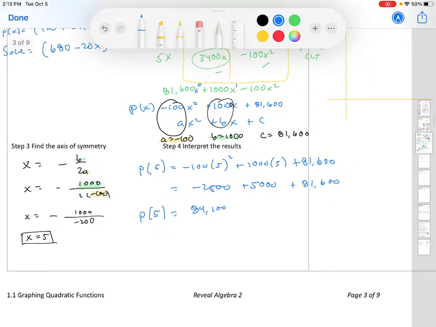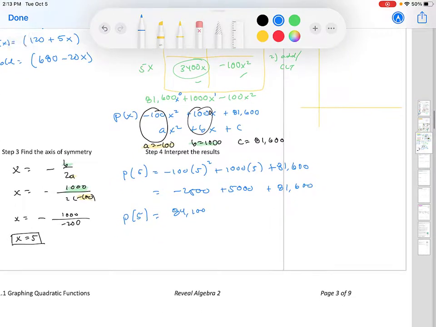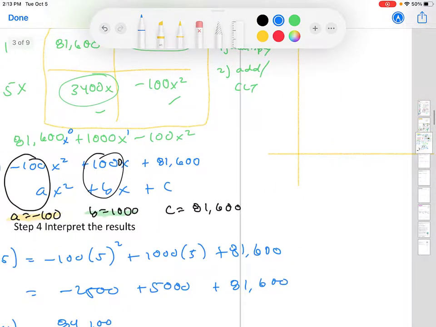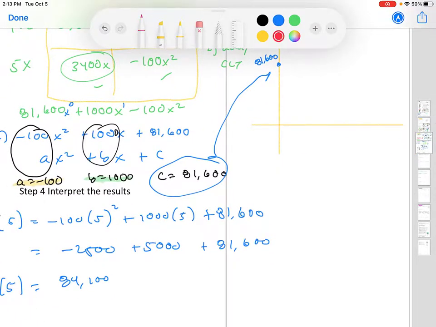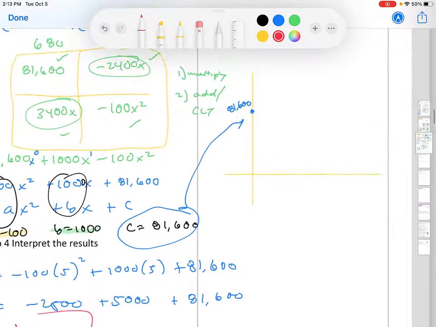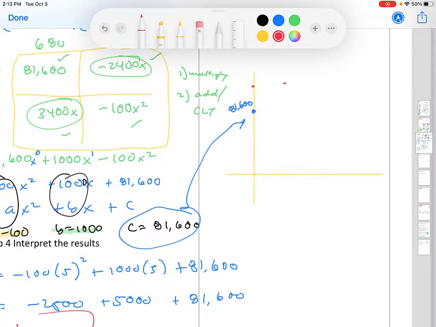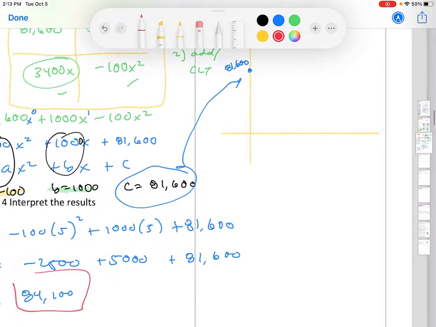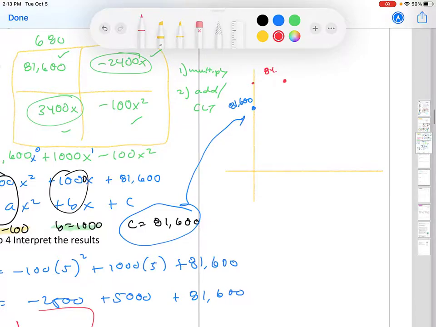You don't necessarily need that number, so let's just give ourselves an idea. This is my y-intercept, which is your c value. The vertex, which was higher than that, at 84,000. And this is what my graph looks like.